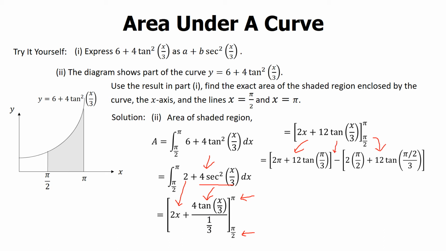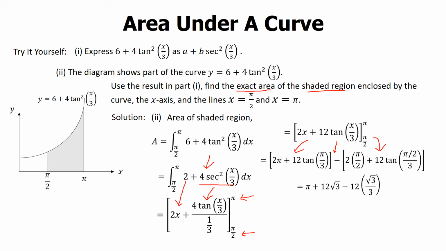Then we start to calculate, which we get pi plus 12 root 3 minus 12 root 3 over 3. Notice that we don't use calculator values. We use the exact value because the question asks us to find the exact area of the shaded region.